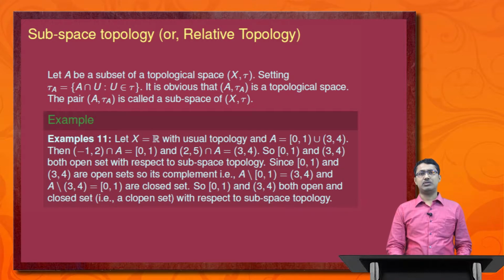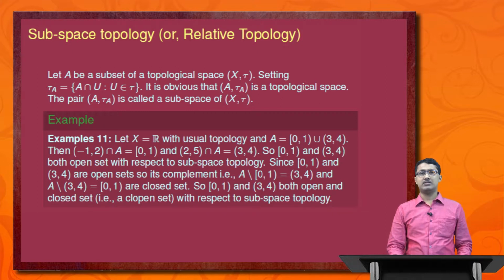Let X equal R with respect to the usual topology. We consider the set A equal to the closed-open interval [0, 1) union the open interval (3, 4). Then the open interval (-1, 2) intersection A is nothing but [0, 1). So from the subspace topology, [0, 1) forms an open set.